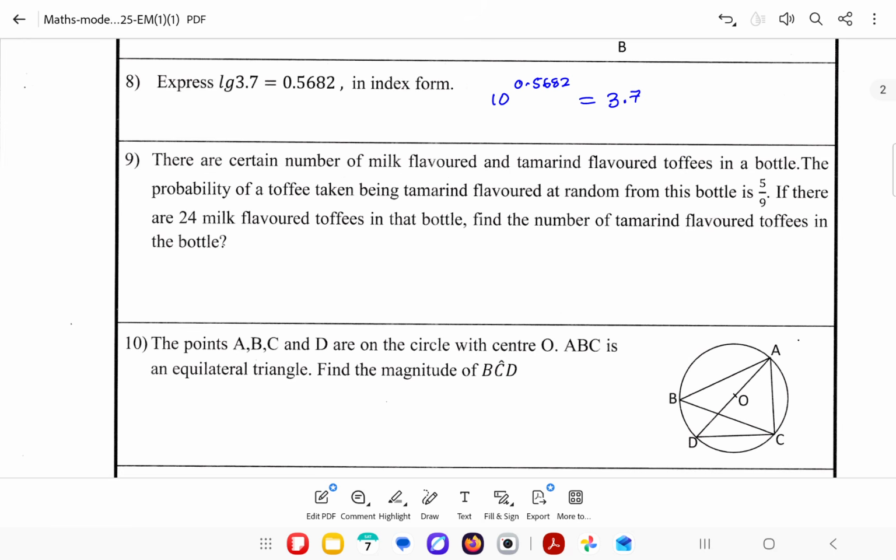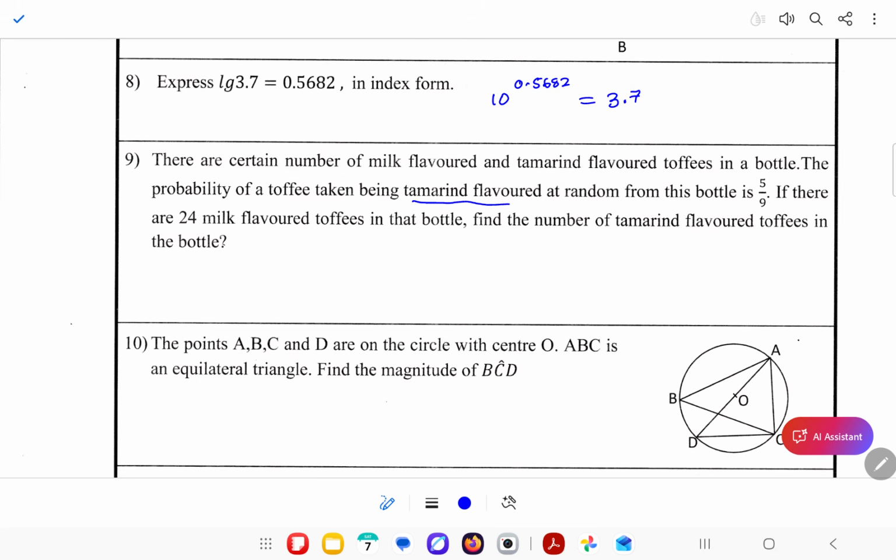There are a certain number of milk flavored and tamarind flavored toffees in a bottle. The probability of a toffee taken at random from this bottle being tamarind flavored is 5/9. If there are 24 milk flavored toffees in the bottle, find the number of tamarind flavored toffees. Right, so milk 24, and say tamarind there's X number of toffees. That's what we want to find.